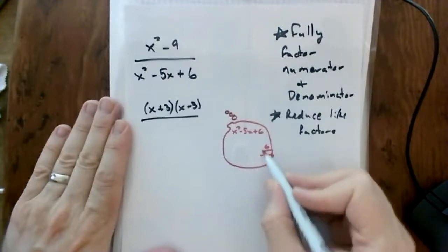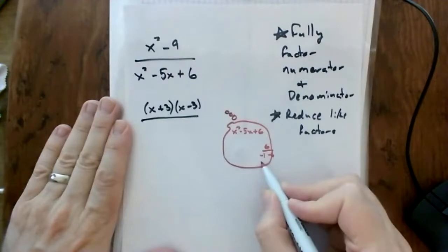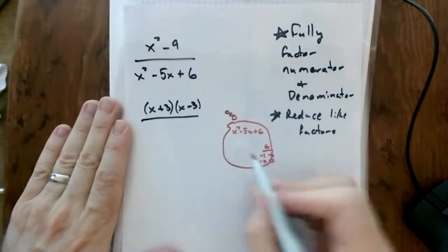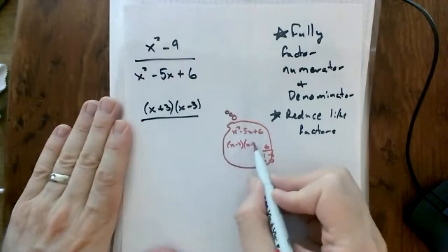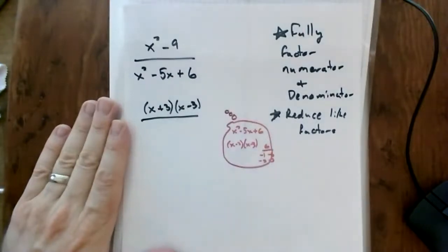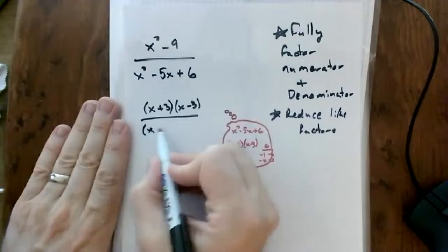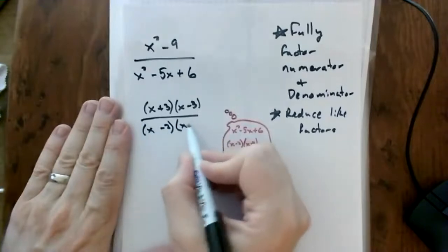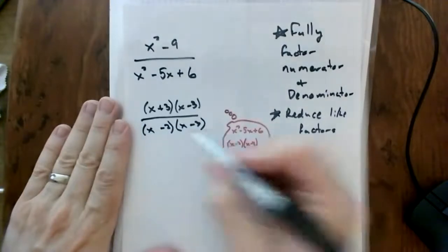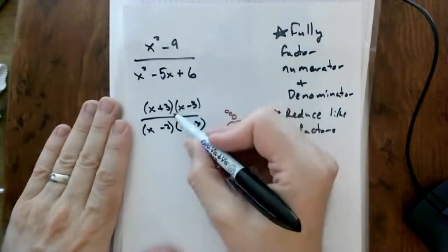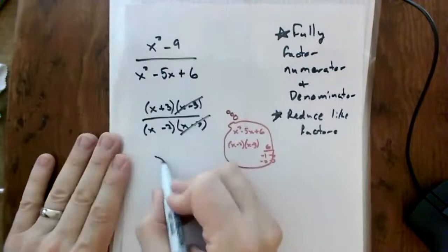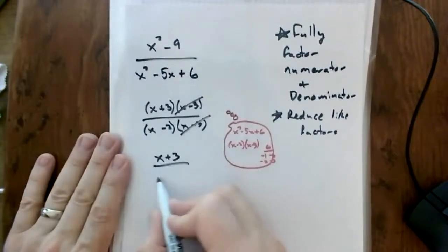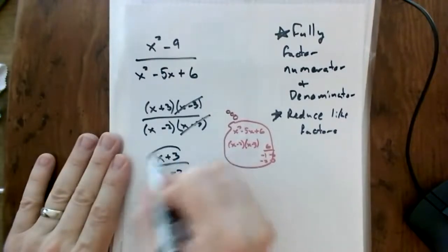That would multiply together to be a +6, but that doesn't add up to -5. How about -2 and -3? So this would be x minus 2 and x minus 3. So I'd have x minus 2 times x minus 3. And then I get to reduce my like factors. So I'd be left with x plus 3 over x minus 2. And we're done.